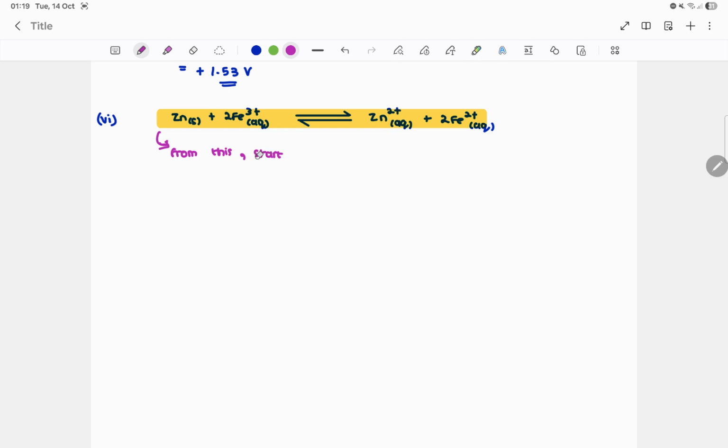From this you can decide to which side the reaction will favor according to Le Chatelier's principle.